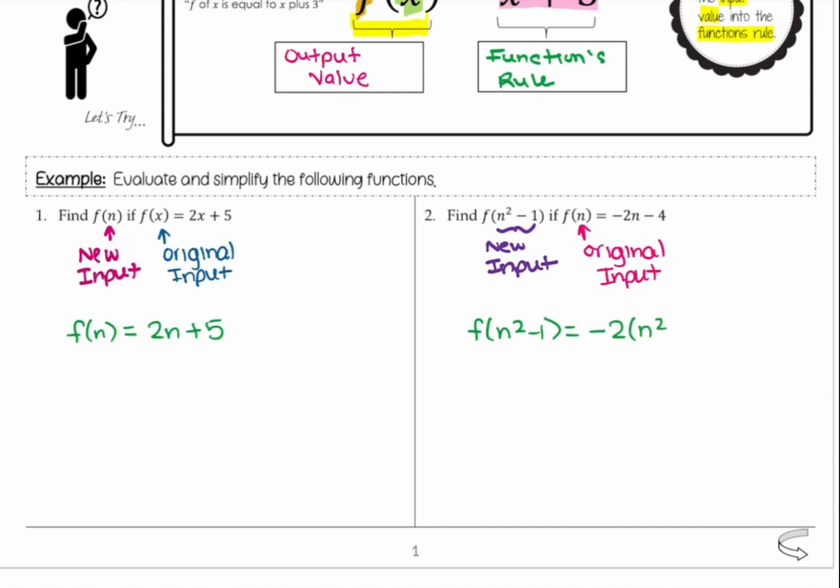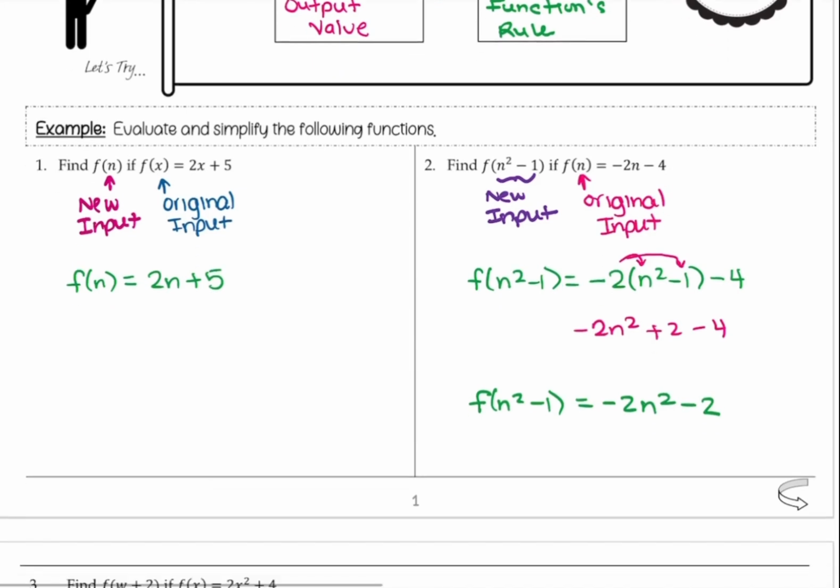So our new input is n squared minus 1. In this case, we are going to need to do some sort of cleanup, so distribution, combining like terms. Again, combine like terms, giving us our final output value of negative 2n squared minus 2.